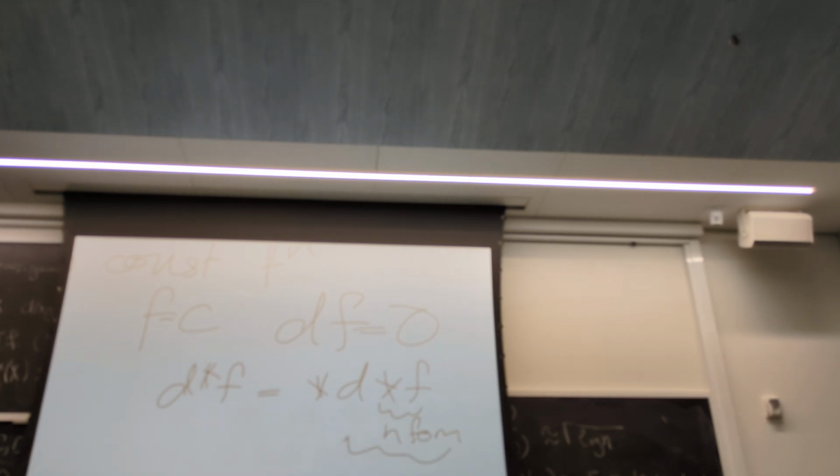So that means this guy is automatically equal to 0, right? Because there's no n plus 1 forms. So indeed this is equal to 0, and so these are Hodge forms. Nice. Wait, why doesn't that work for every zero form? Because of this condition. Oh, I see. Yeah. So it's interesting.